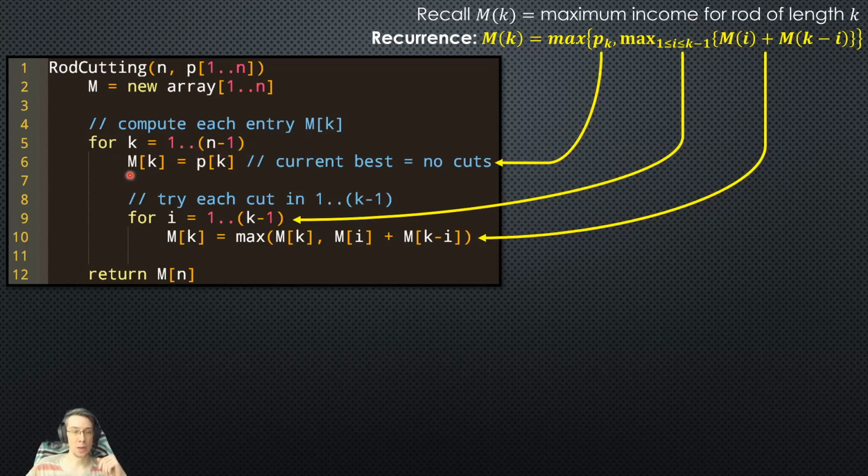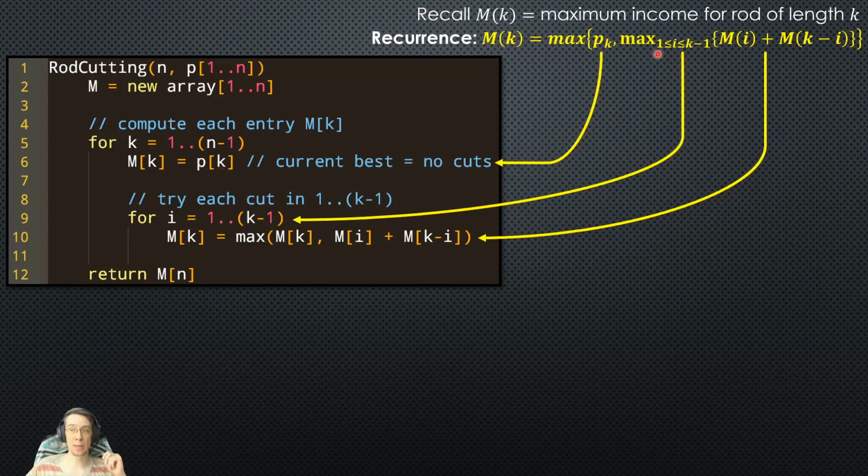Remember from the recurrence, we want to compute m of k as the maximum of p of k and the maximum over all i of m of i plus m of k minus i. The first thing we can do is set m of k to p of k. So the current maximum is stored in m of k at all times, and at this point it's just p of k, the best solution where we don't do any cuts and just sell the whole rod.